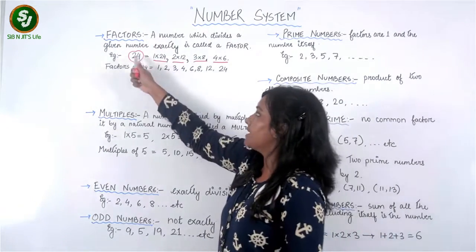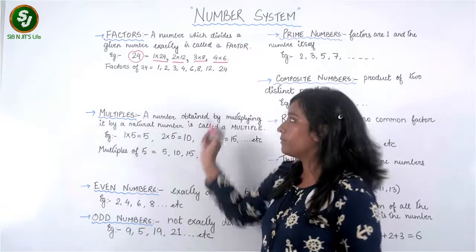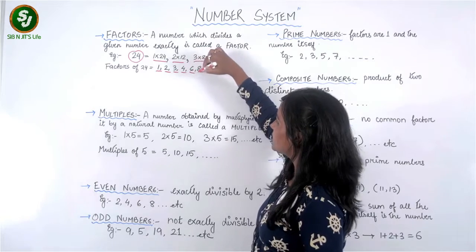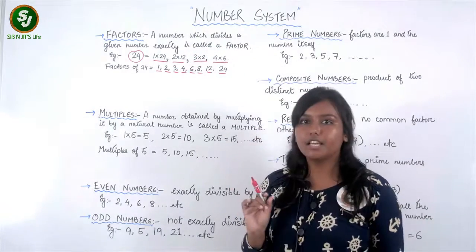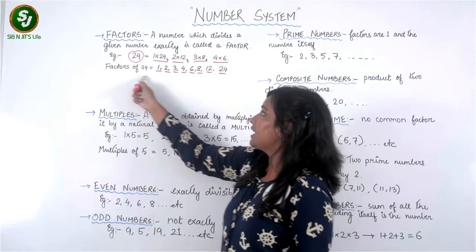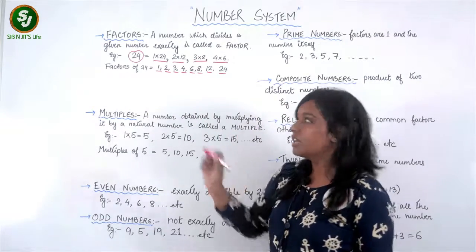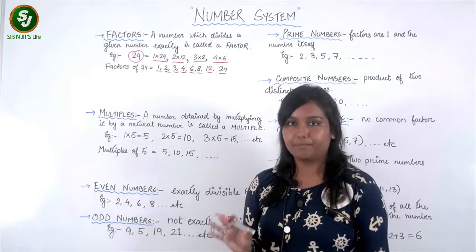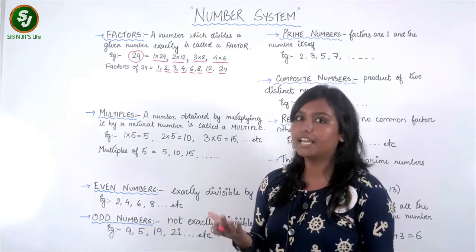So in this case the factors of 24 will be 1, 2, 3, 4, 6, 8, 12 and 24. How can I say that these are the factors of 24? Because these numbers divide 24 exactly, meaning without leaving any remainder.